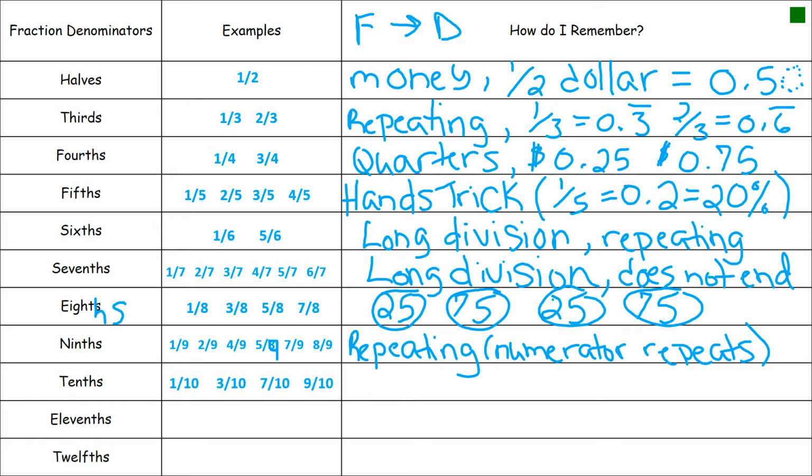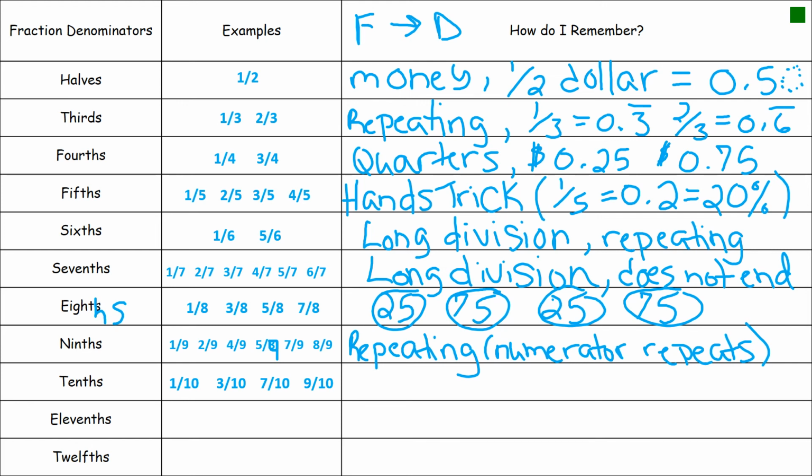For tenths, 1/10, 3/10, 7/10, 9/10. Again, I've taken out all of the even numerators because they would simplify, and 5/10 because I would simplify to a half. So I'm only left with 4 fractions. And this trick will work for all of your tenths, even the ones that aren't listed.